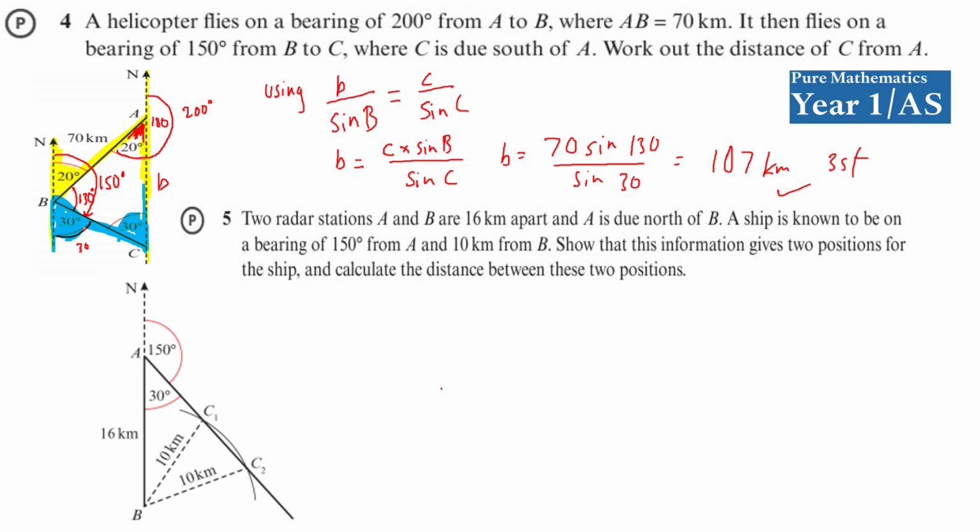So question 5, you have 2 radar stations, A and B, and are 16 kilometres apart. So this is this bit here. This is when your bearing knowledge comes through. A ship is known to be on a bearing of 150 degrees from A and 10 kilometres from B. So you have to break down this question because you know it's 150 degrees from A, so it's got to be somewhere along this line further down.